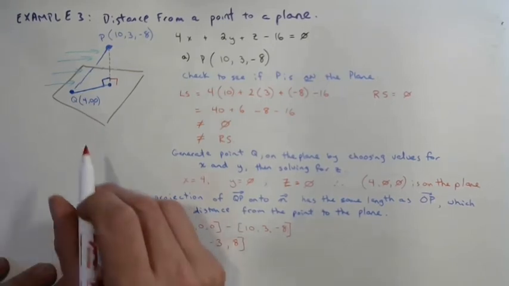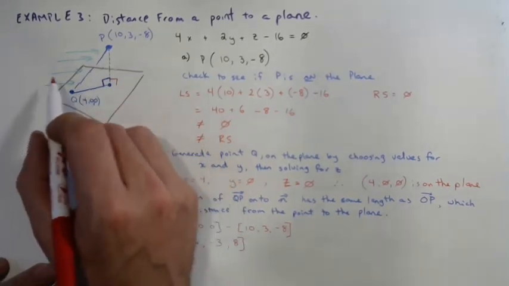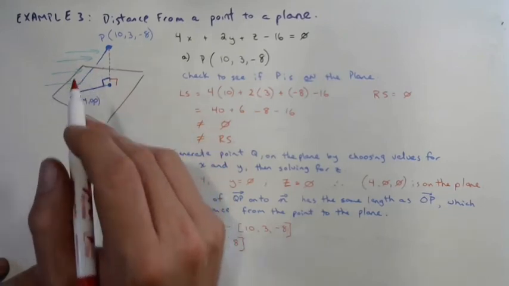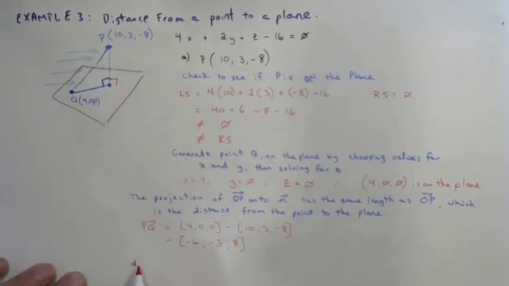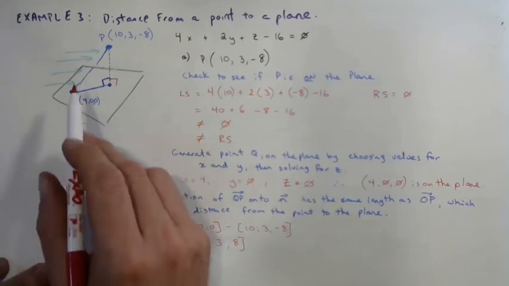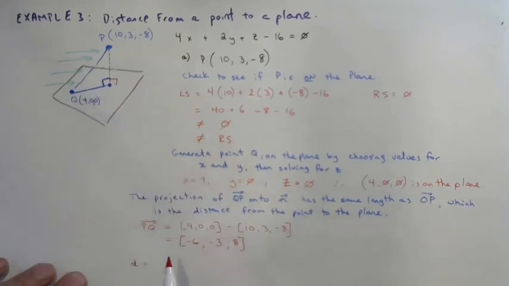And now, in order to find the distance, I'm finding the projection of QP onto N. That means the distance, which is the projection of PQ onto N, is found using my projection formula.